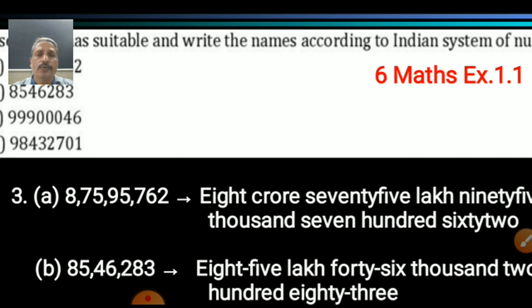Now let's discuss for answer number 2. 85 lakh 46,283. Easy. According to Indian system students. Don't be confused. International system, every 3 number has the comma.